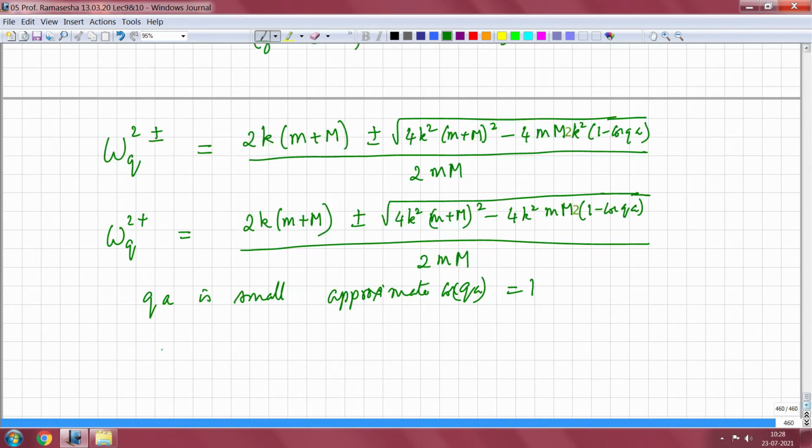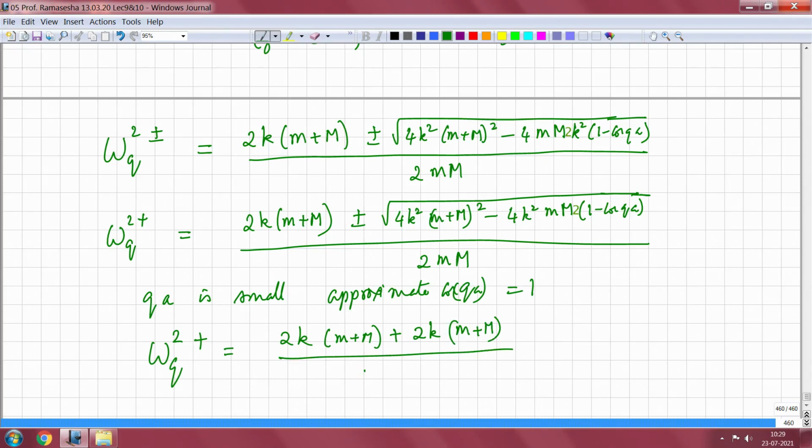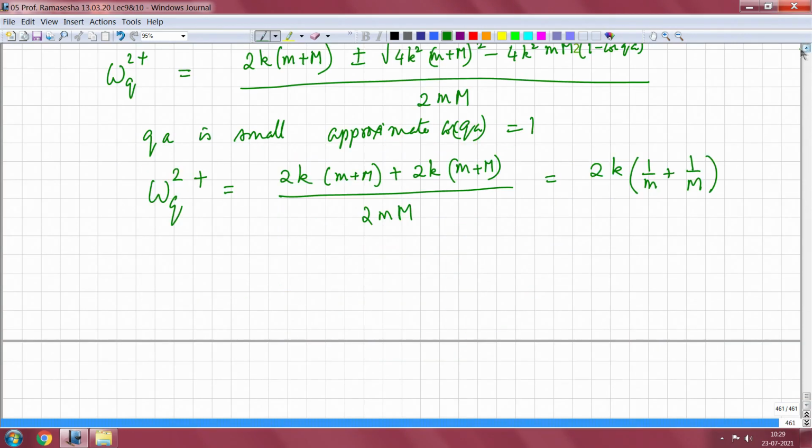So if I do this, then I will get omega squared q plus will be 2k (m plus M) plus 2k (m plus M), because that is the square root of 4k squared (m plus M) squared, divided by 2 m M. That will give me 2k into (1 upon m plus 1 upon capital M). So that will be the frequency that I will get for the positive square root.